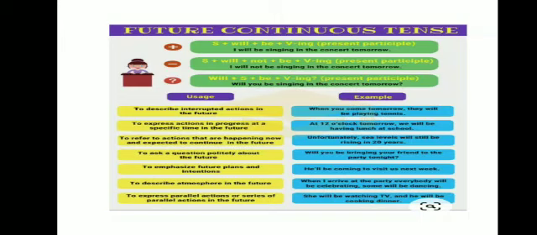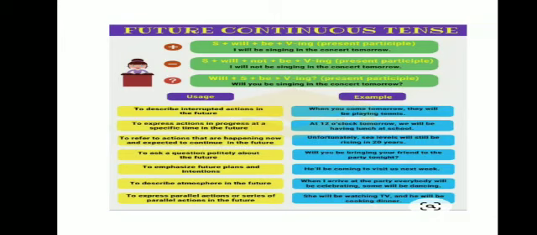Third is future continuous tense. Future continuous means will be, shall be. Okay, you know where we use will and where we use shall. The subject plus will be, shall be, then first form of verb plus ing and then the object. In negative we have to remember this: subject plus will, and we will put not in between will and be.